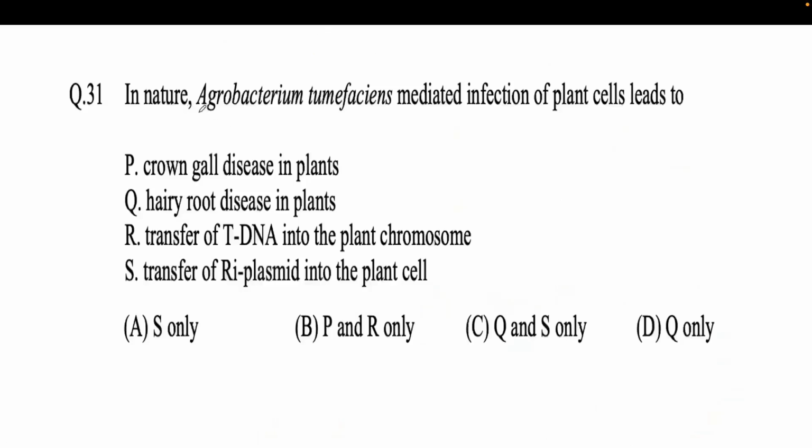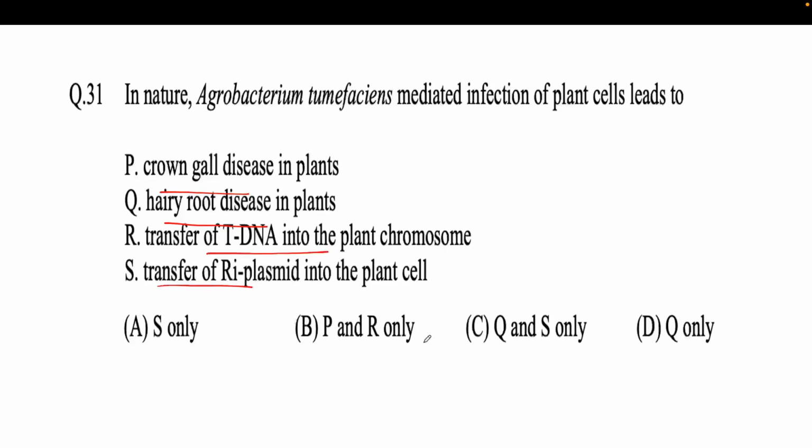In this regard, a previous year GATE question asked: in nature, Agrobacterium tumefaciens mediated infection of plant cells leads to which of these: P, crown gall disease in plant; Q, hairy root disease in plant; R, transfer of T-DNA into plant chromosome; S, transfer of Ri plasmid into the plant cell. What is the correct combination?